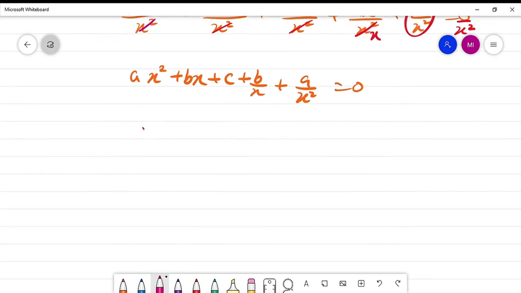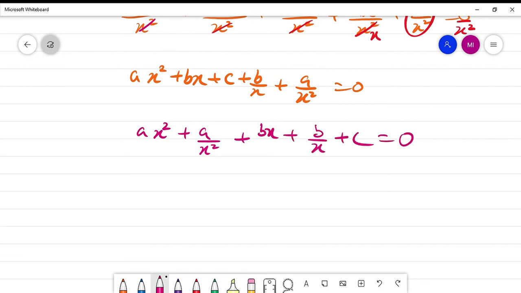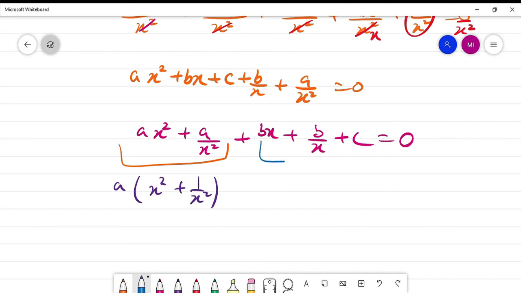Now let's rearrange. Ax squared plus a divided by x squared plus bx plus b over x plus c is equal to 0. Now right here, let's take a common. We get a into x squared plus 1 over x squared. And right here, let's take b common.